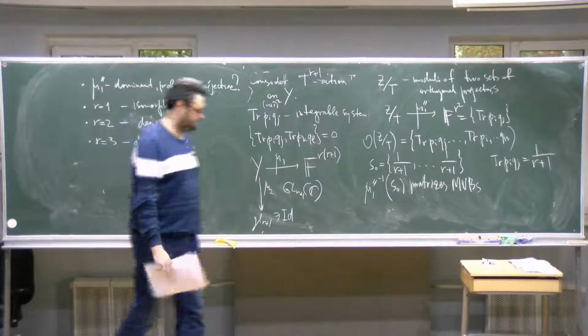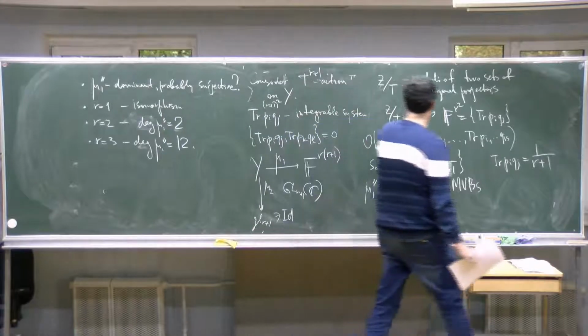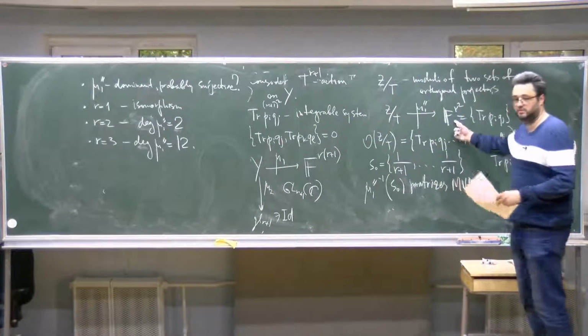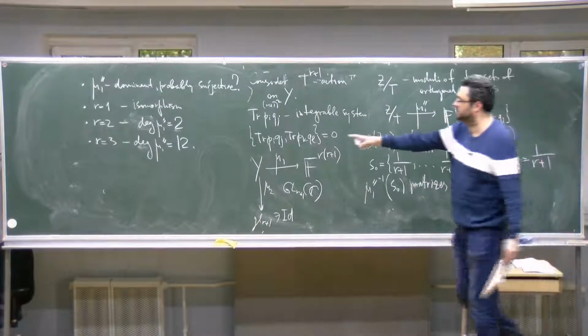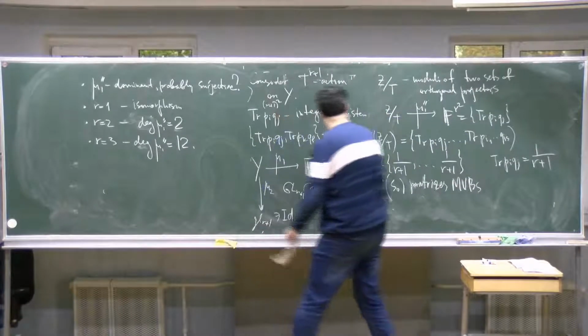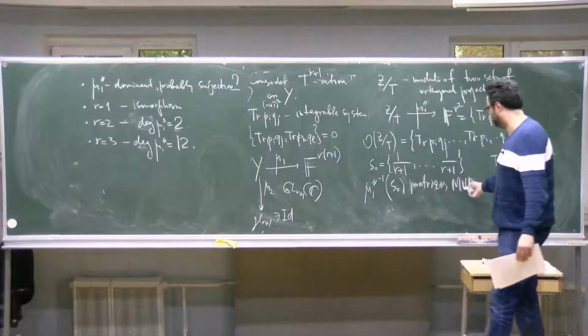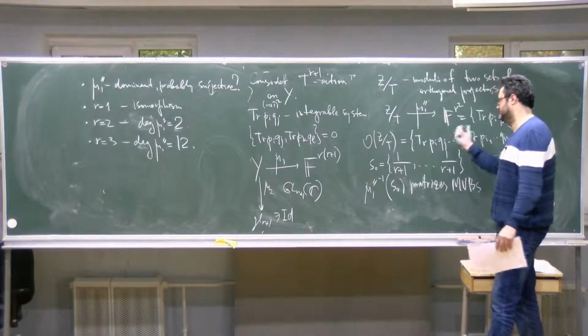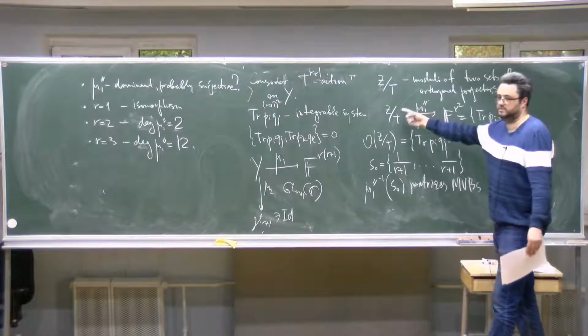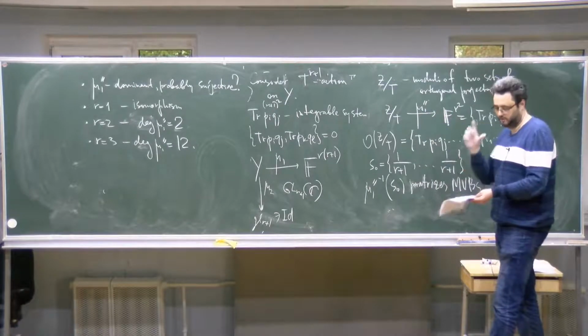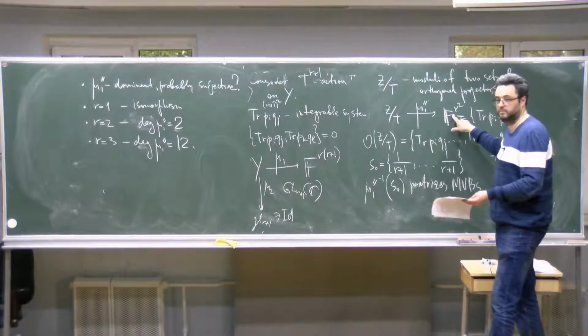It's the number of points in the preimage of a generic point. If we consider the point corresponding to MOOPs, as I said earlier, there is a one-dimensional family. It's a curve blown down to the point.